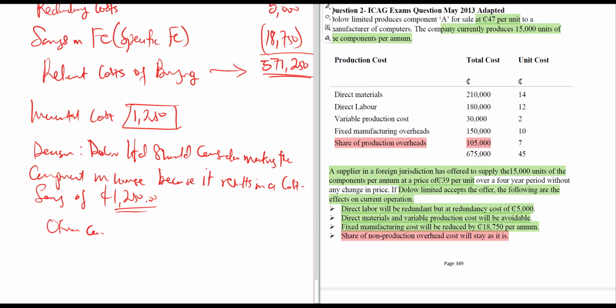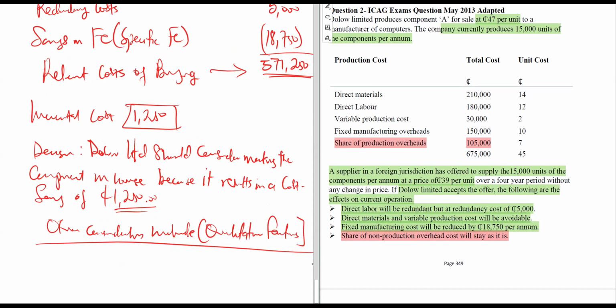Other considerations include, talking about the qualitative factors, give me some. We've spoken much about these. The redundancy cost. Okay, redundancy, but we want things that are not numbers. What else?